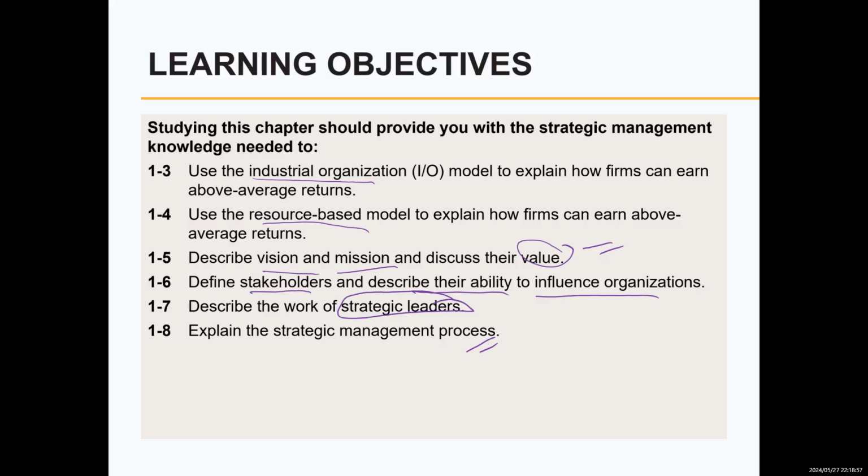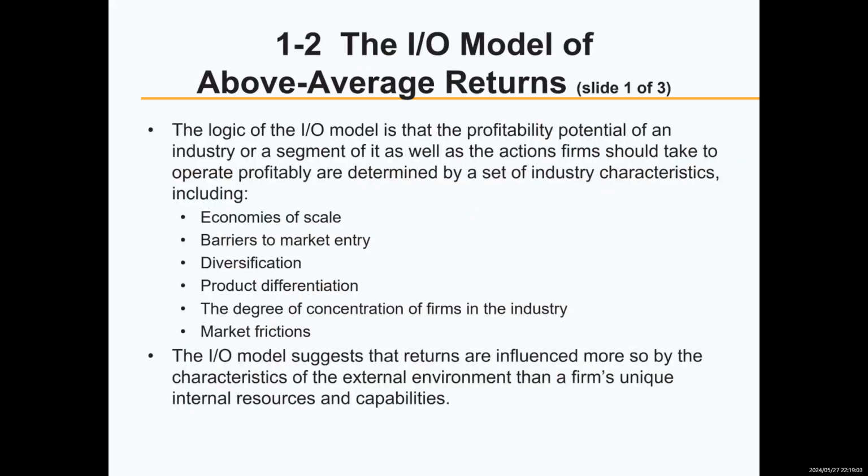So let's talk about today's first learning objective, which is the IO model, or industrial organization model. The industrial organization model adopts an external perspective to explain that forces outside of the organization represent the dominant influence on a firm's strategy.